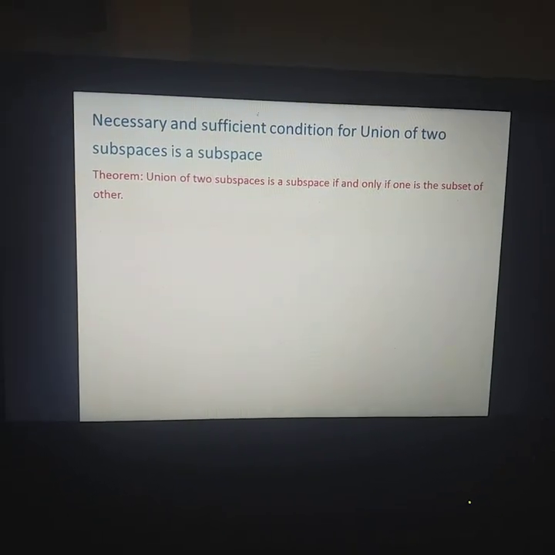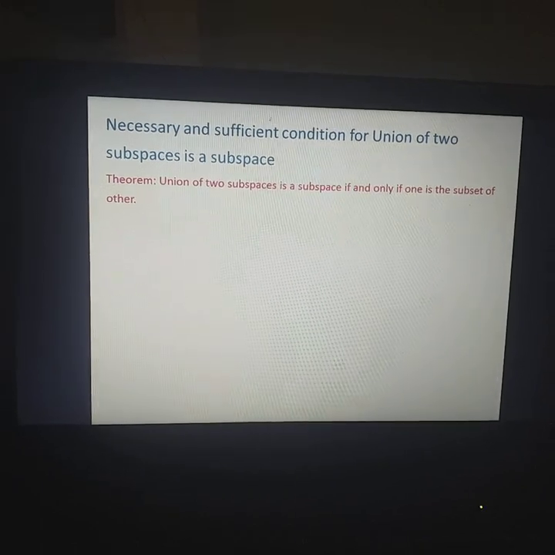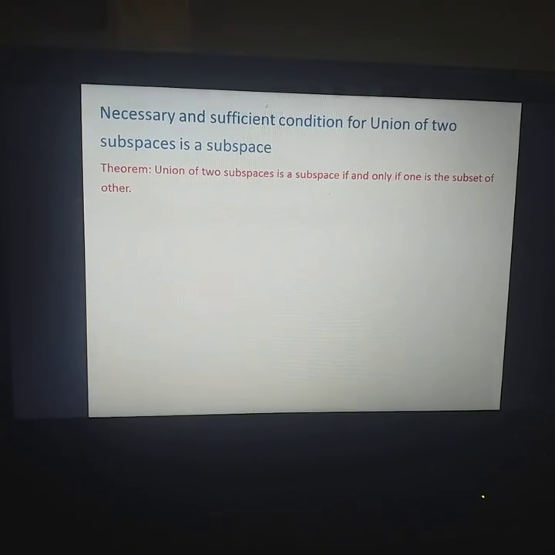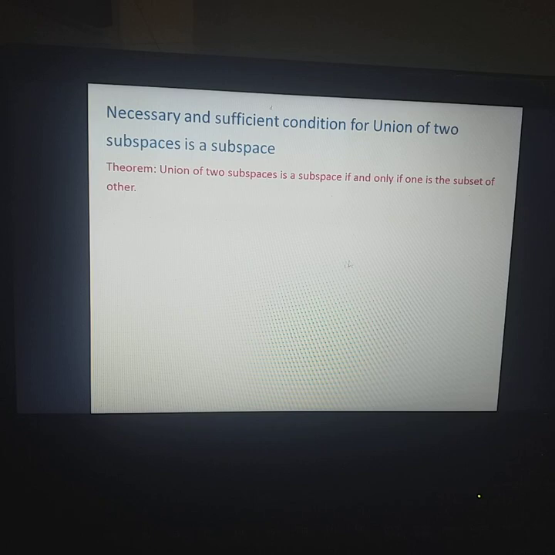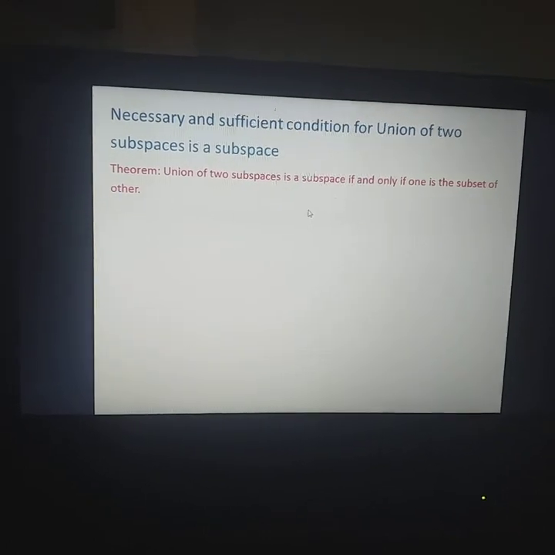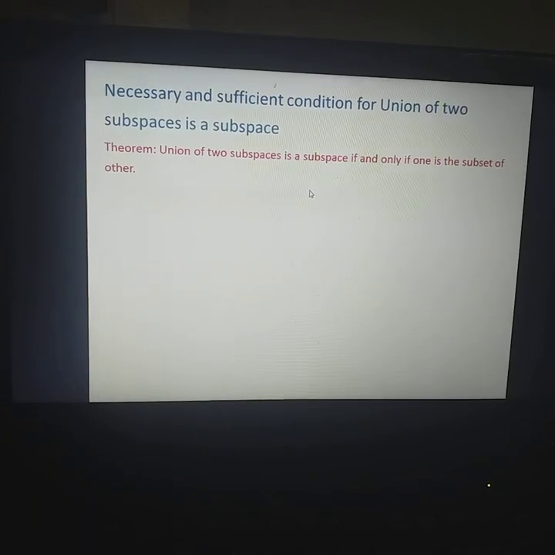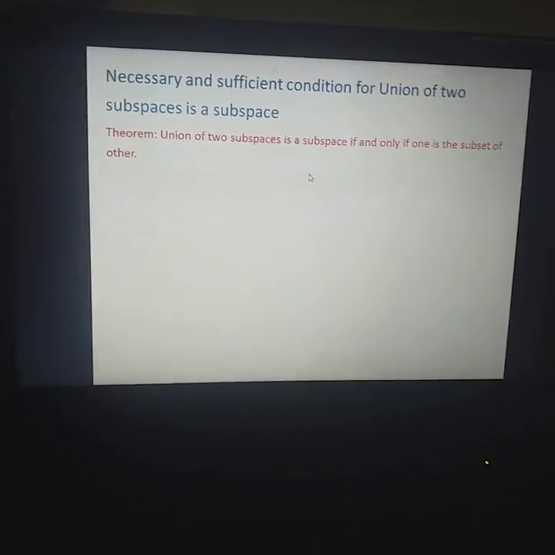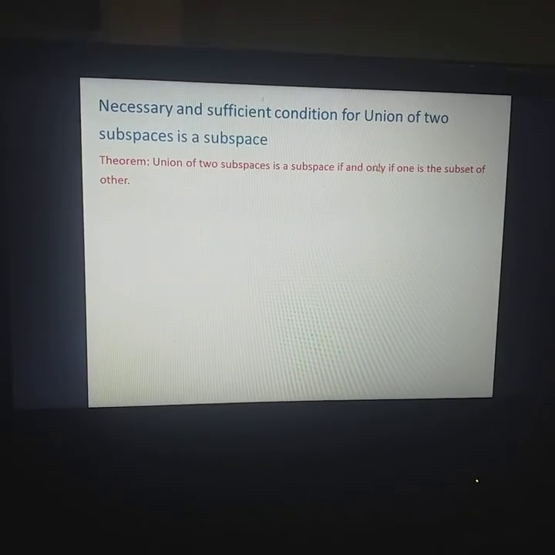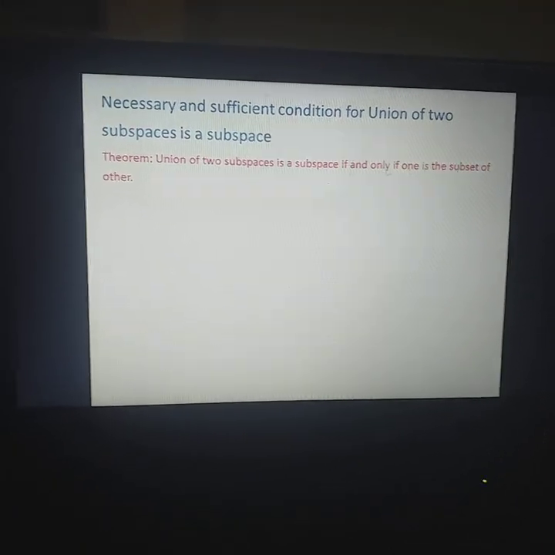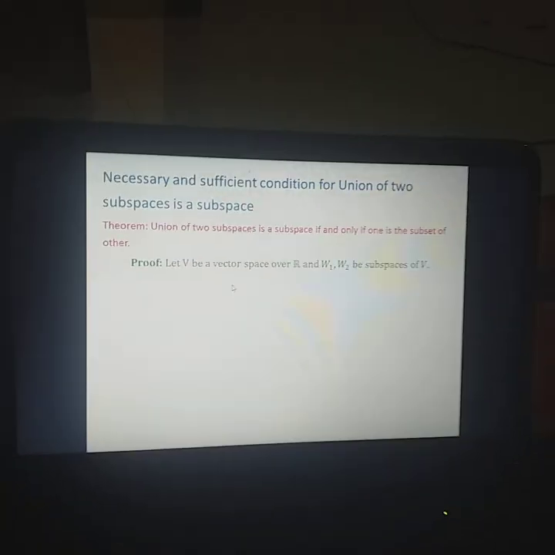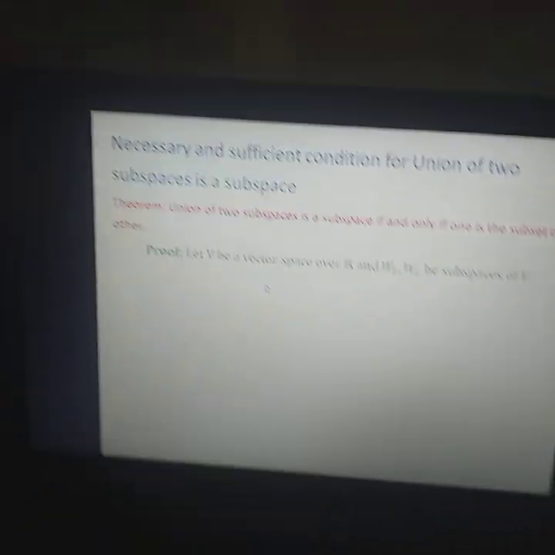The necessary and sufficient condition for the union of two subspaces to be a subspace of a vector space is given by: the union of two subspaces is again a subspace of a vector space if and only if one is a subset of the other. And we will now see the proof of this theorem.